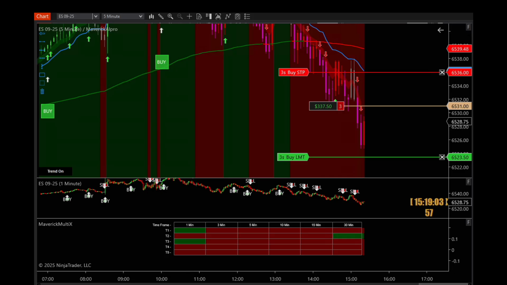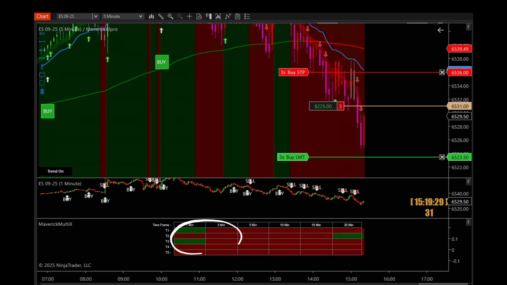I think a reversal is highly unlikely right here. I think we're gonna hit our profit target, but I say that because we've been coming down, and it's totally normal for it to consolidate within a range and then continue down. Or again, it could reverse, but my Maverick AI Pro, my Maverick Multi-X will tell me, right? The background color will change. My Maverick Multi-X colors will change.